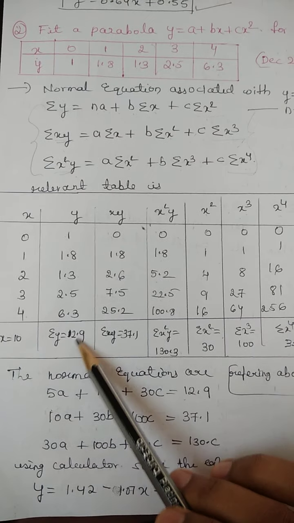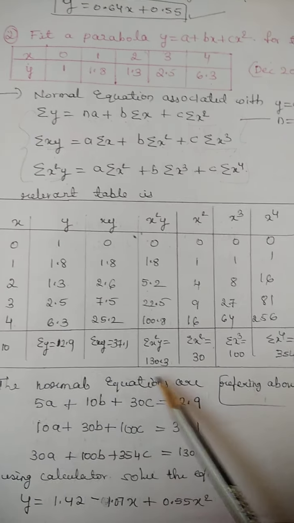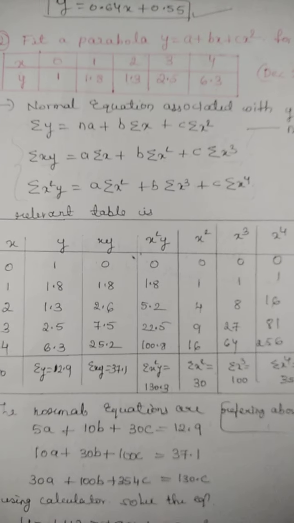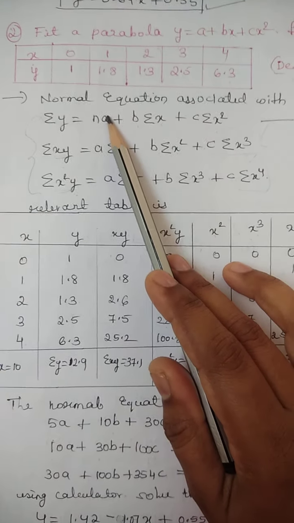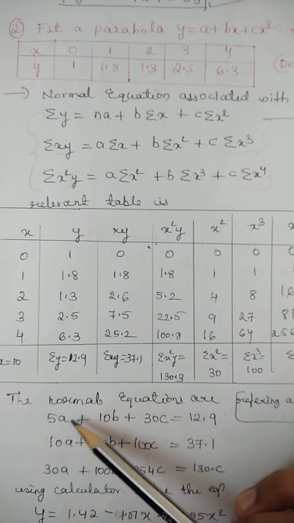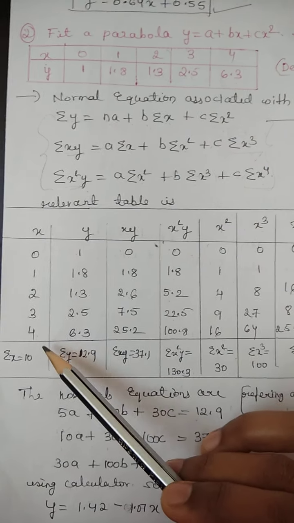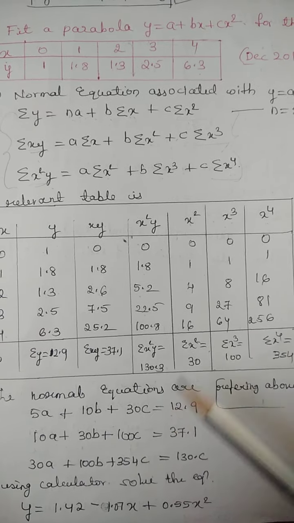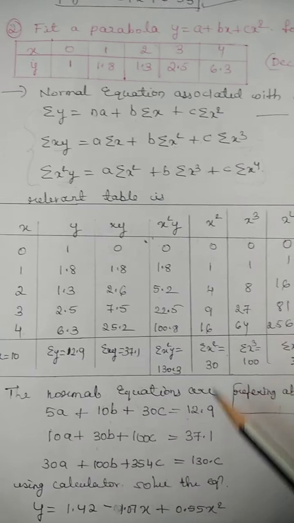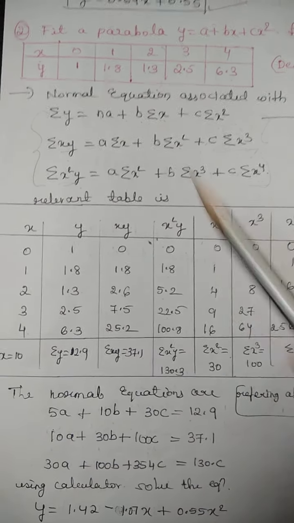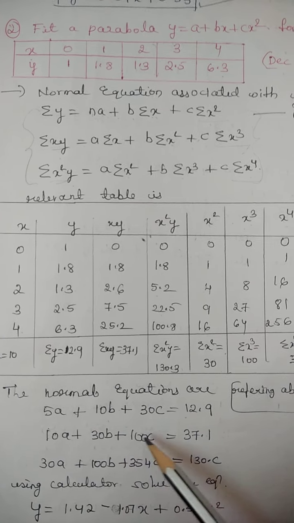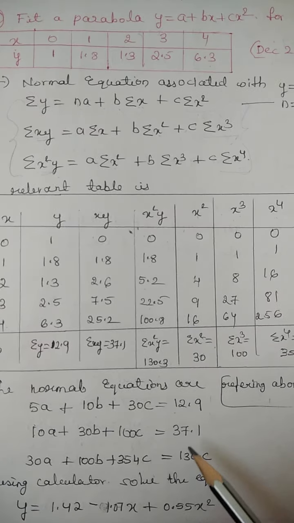Summation of y we got 12.9. The normal equations are 5a + 10b + 30c = 12.9, where 5 is the number of entries, n into a, plus b into summation of x, 10b, plus c into summation of x², 30c. Now the second equation: summation of xy is 37.1, so 10a + 30b + 100c = 37.1.